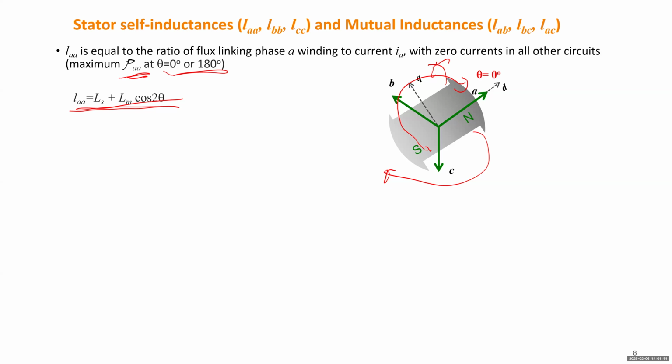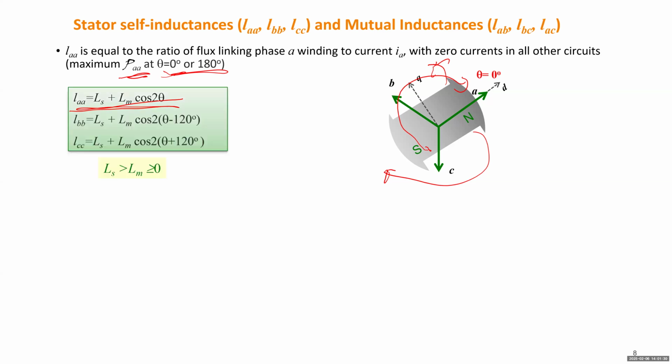It has a constant term plus a periodic term. The periodic term is proportional to cosine 2 theta. The initial phase is 0 because we assume we start from theta equals 0, when the rotor is parallel with the A axis.